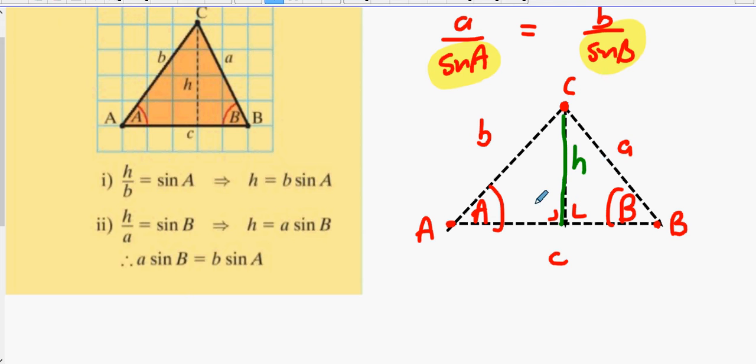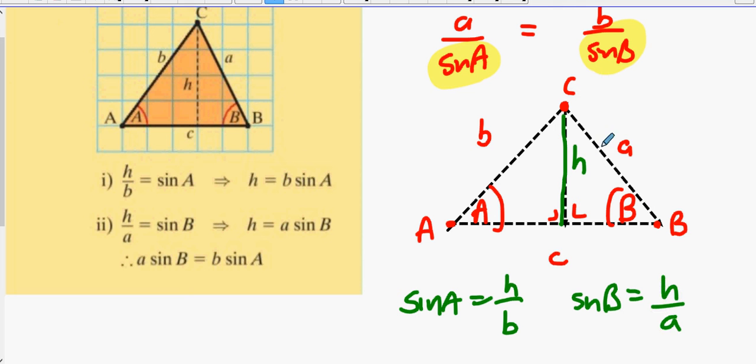Now, what is sine A using the right-angled triangle on the right? Opposite over hypotenuse, which is? Okay. Using the triangle on the right, what's sine B? H over a. Opposite over hypotenuse.